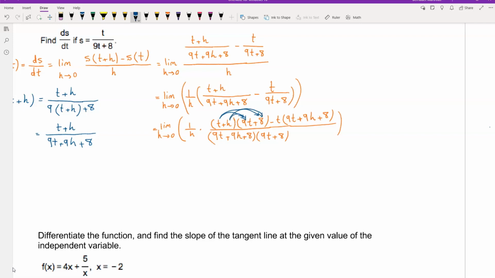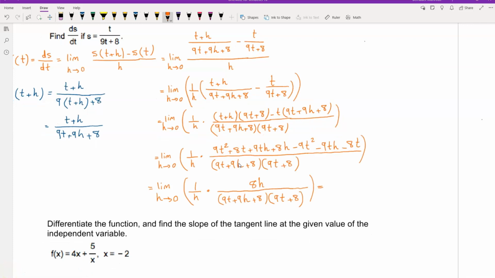And same thing on this part, we have to use the distributive property. After we multiply, we have to combine like terms. So here, combining like terms, what we have in the numerator is 8h. Simplify, we can cancel h.